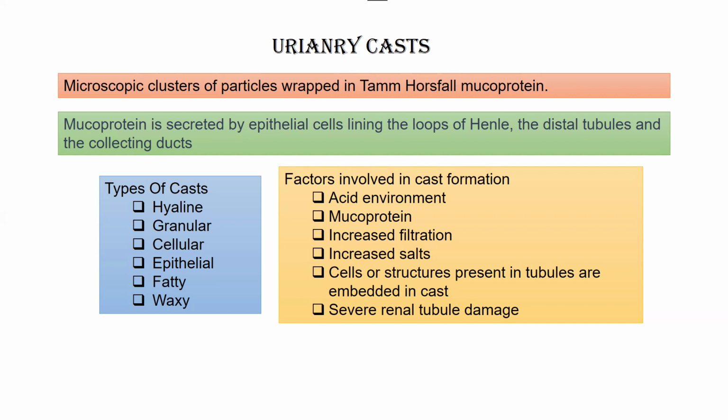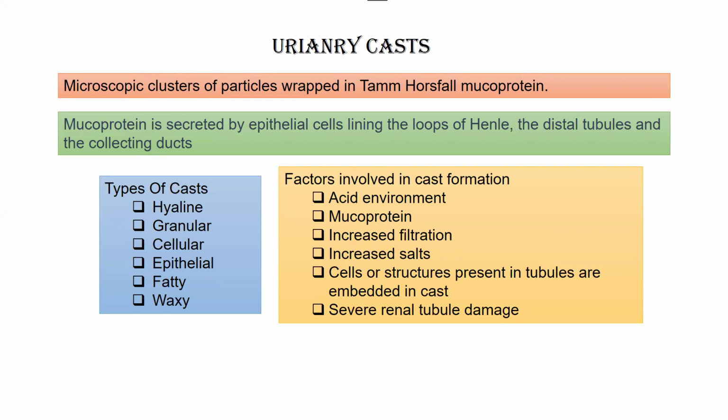And you should remember this name, Tamm-Horsfall mucoprotein, because it forms the background matrix of each and every cast. So you are going to see this in each and every cast. So you should remember this name whenever you hear casts. So there are types of casts.